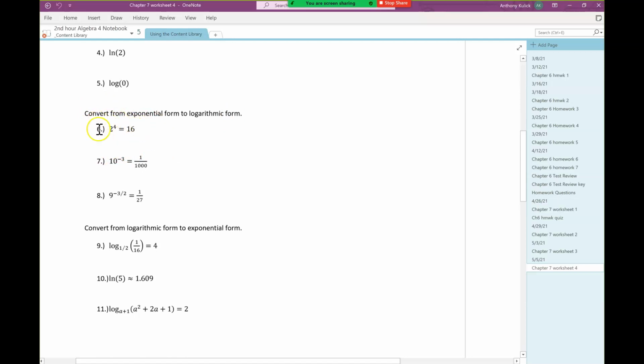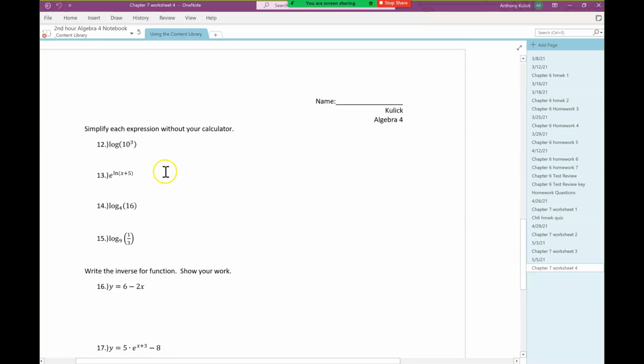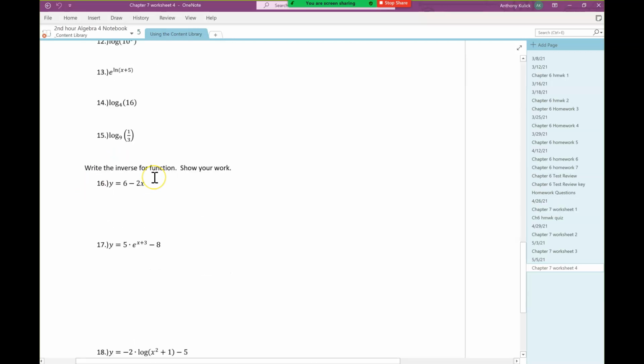So here's an exponential form that I want you to write as a logarithmic, and here's a logarithmic that I want you to write as an exponential. Right, we did that in the examples. Here's some simplify the expression without your calculator. Some of these should be easy, and some of them will probably get a little bit challenging.